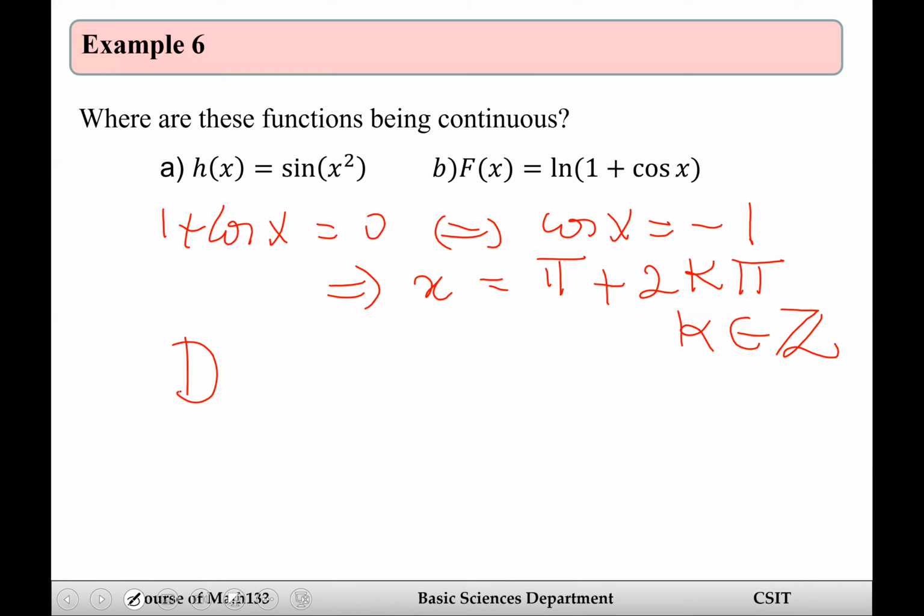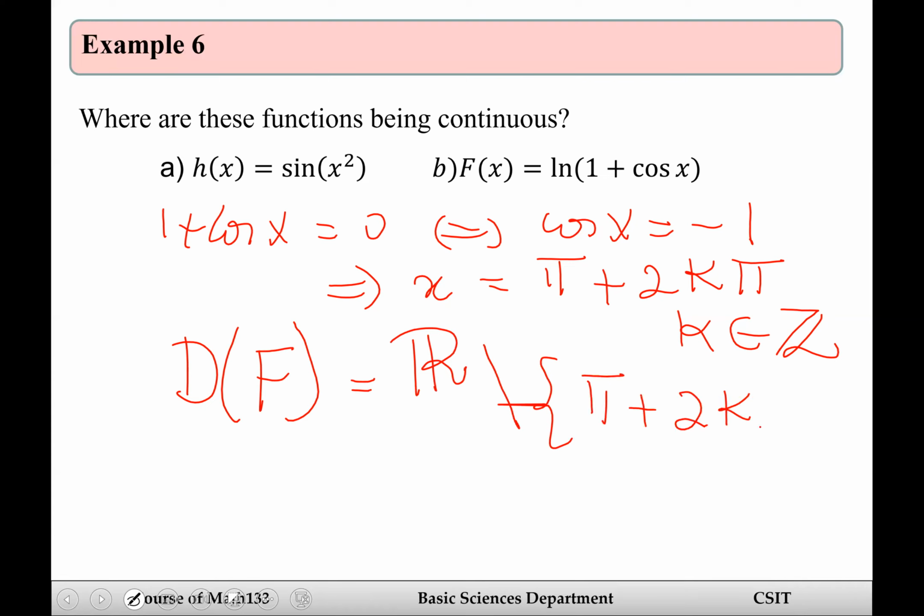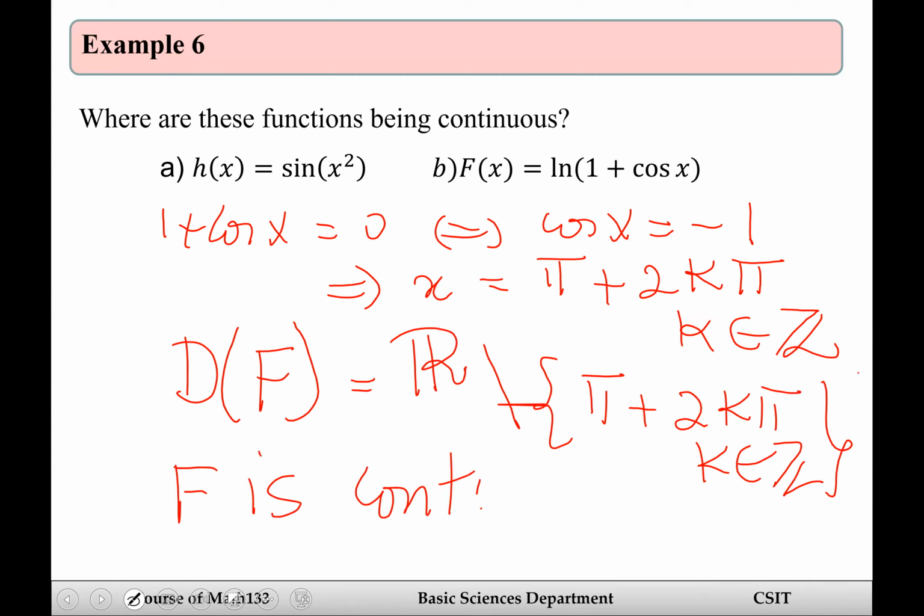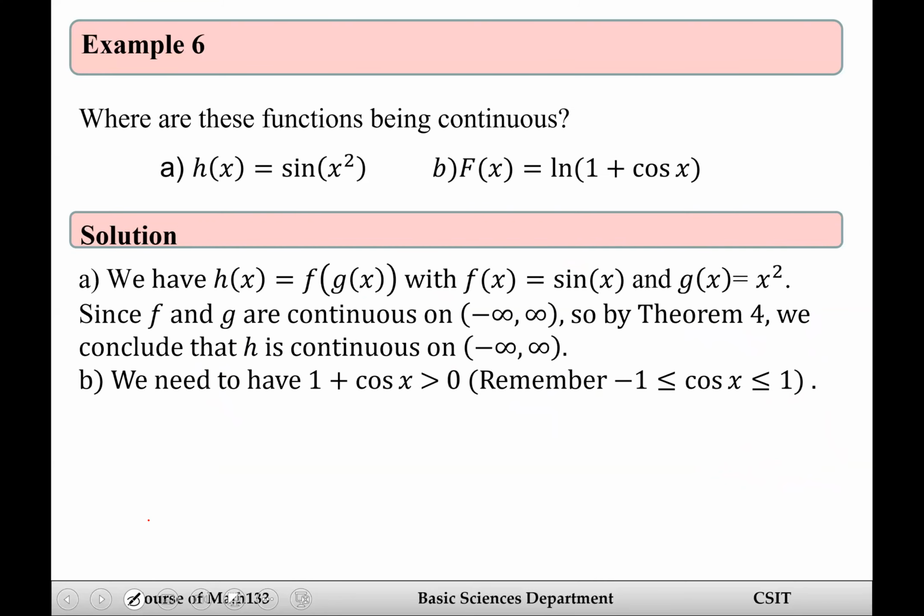So the domain of the capital F function is, in fact, all real numbers except these points pi plus 2k pi with k in Z. And by our theorem in the course, the function is also continuous on this domain, since it is formed by composition of two continuous functions on D of f. Okay, so that's for this example, and here you will see the solution in the slides.